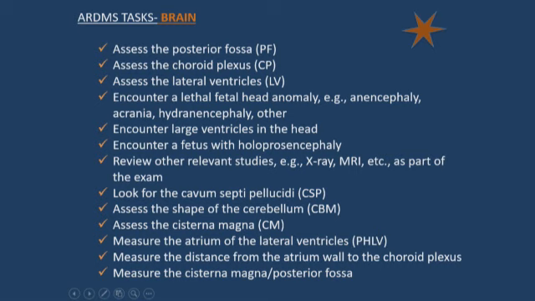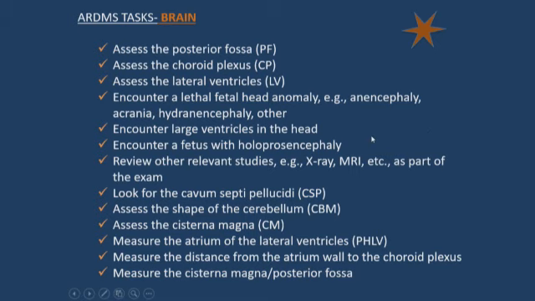So the ARDMS, these are their tasks for when we're looking at the brain. We want to assess the posterior fossa, the choroid plexus, which live in the lateral ventricles, assess the size of the lateral ventricles. We want to survey through the anatomy of the brain, looking for any abnormalities or variants. If there are large ventricles in the head, we want to know what else we should look at.